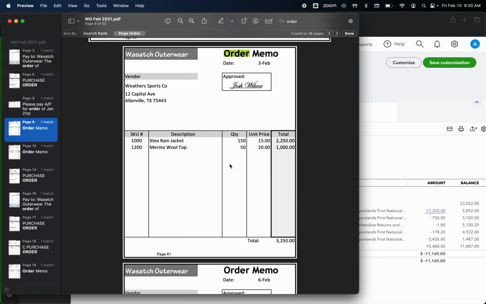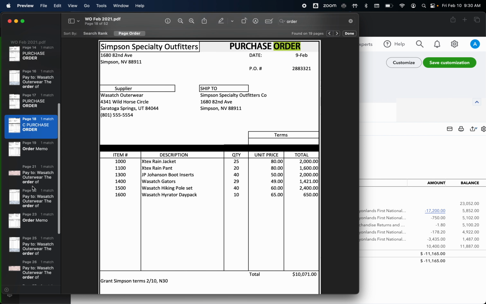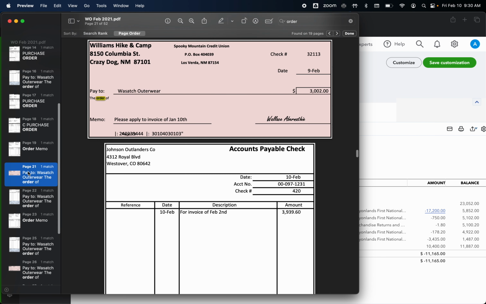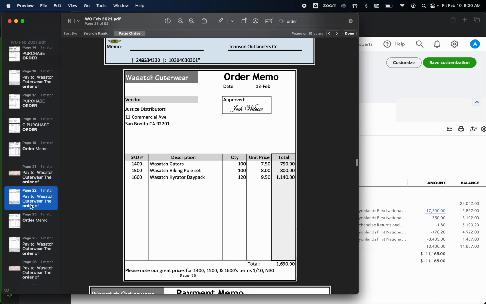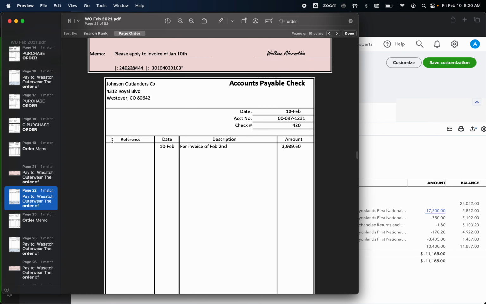So correct me if I'm wrong, that this order memo, we have a 3250, and then we have a payment memo from Weather Sports. Where's Weather Sports? Pay to Williams High, Wasatch. There you go.